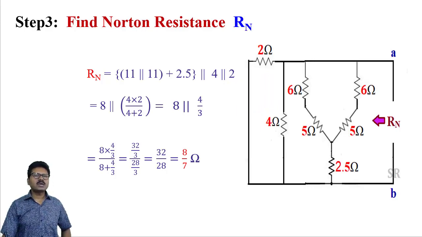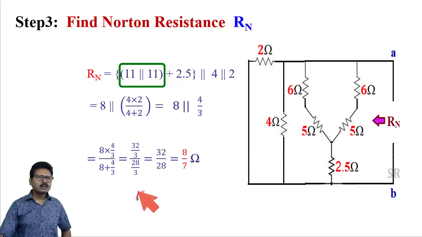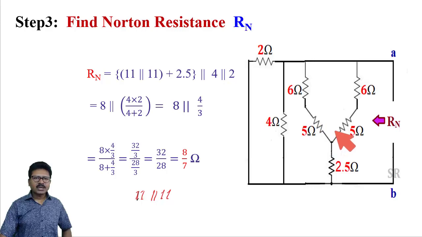So which ones are parallel and which ones are series? See, this 6 and 5 is in parallel with this 6 and 5. So first 6 and 5, 11 is in parallel with this 6 and 5. So 11 and 11 are in parallel. Next, the parallel combination of this is in series with this 2.5 ohm.